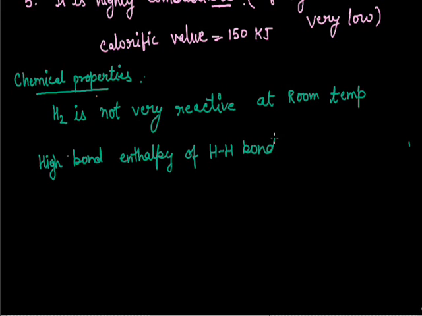Means if we want to break this H-H bond, we require a lot of energy, approximately 435.9 kilojoule per mole, which is a very high amount. We cannot provide this amount of energy at room temperature, so it is very difficult to dissociate the H-H bond.